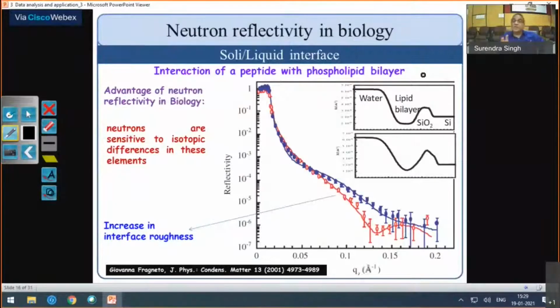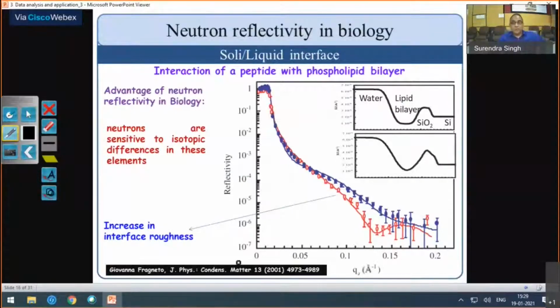So this is one of the studies which I have taken from the literature, because I don't do biological samples here, I do magnetism. So I do polarized reflectivity. We have a vertical sample polarized reflectometer at BRs.